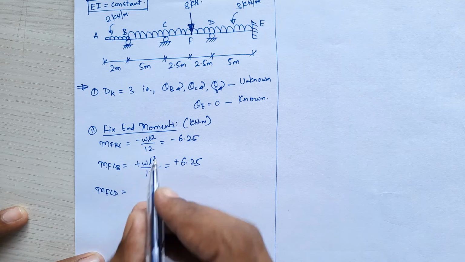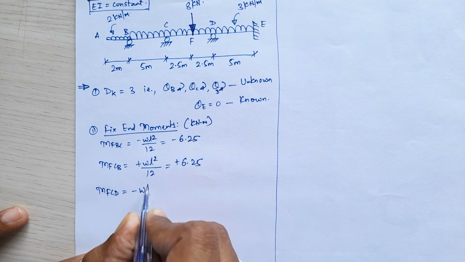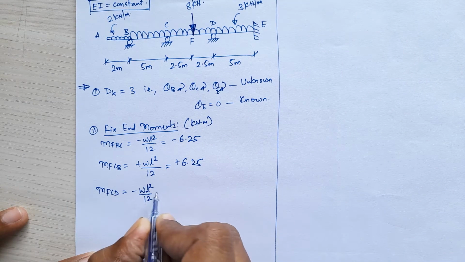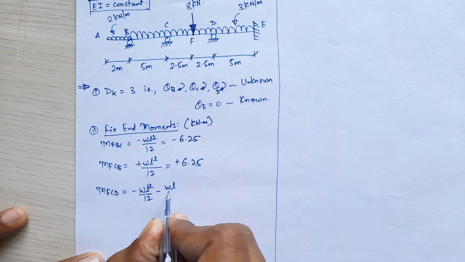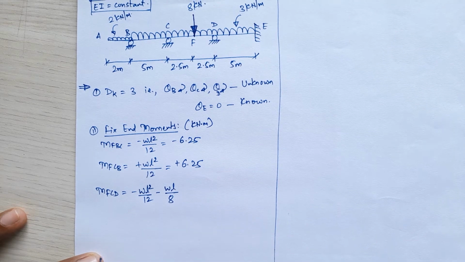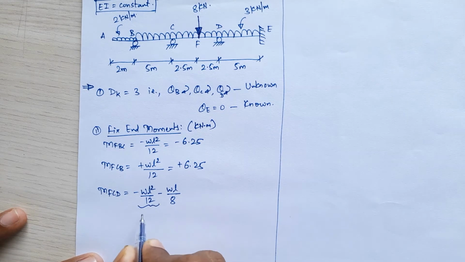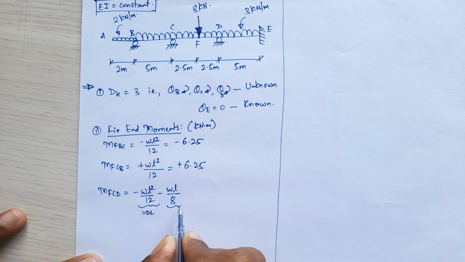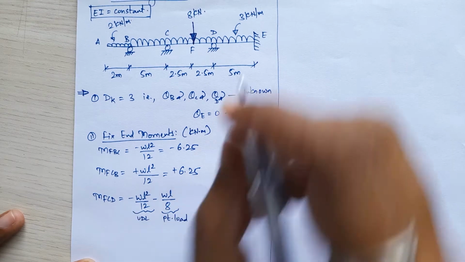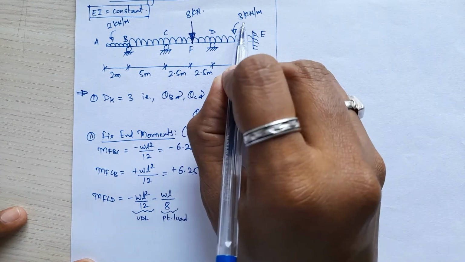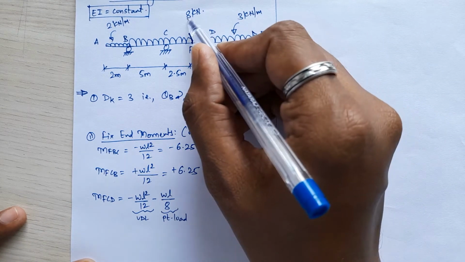Next MF CD. Now in MF CD there are two loadings given, UDL is given and point load is also given. So for UDL you will get minus WL square divided by 12 minus WL divided by 8, that will be for point load. So this will be for UDL and this will be for point load. Whatever W value here, it will be of UDL, that is 3, and here W will be equal to 8.